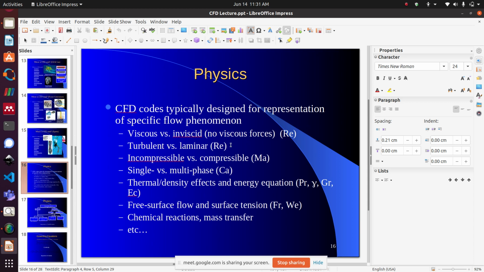Incompressible flow and compressible flow. So what is an incompressible flow? Density will be a constant.